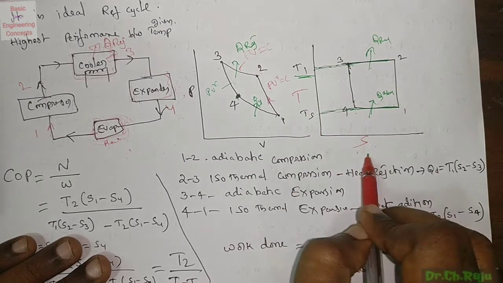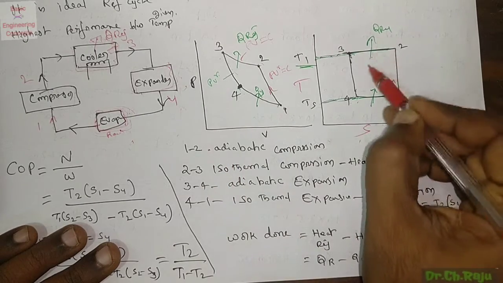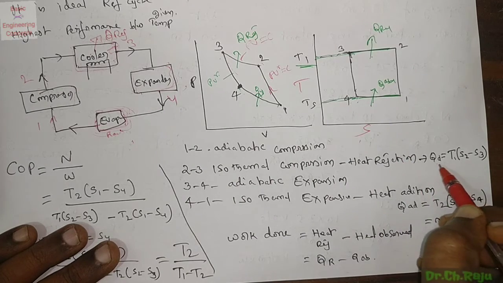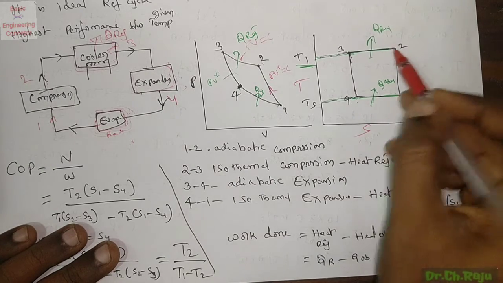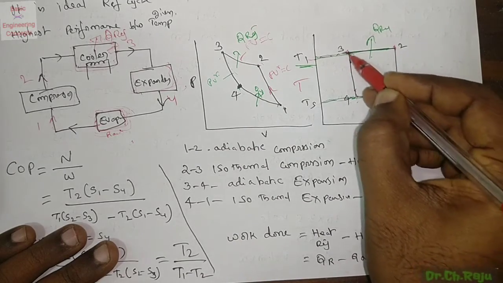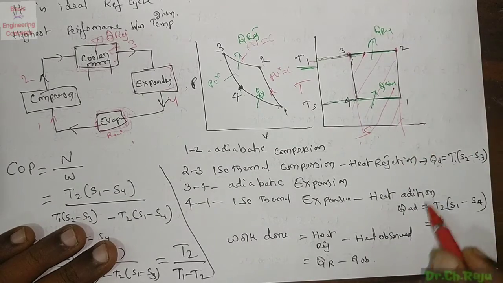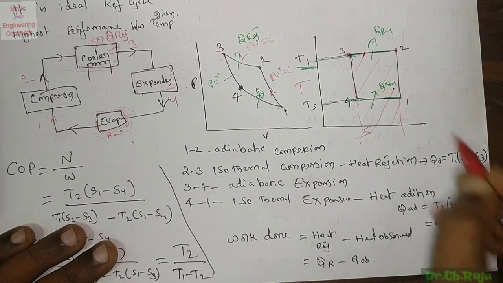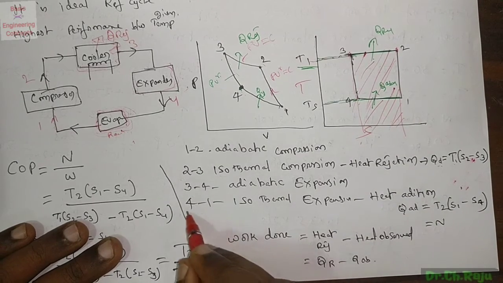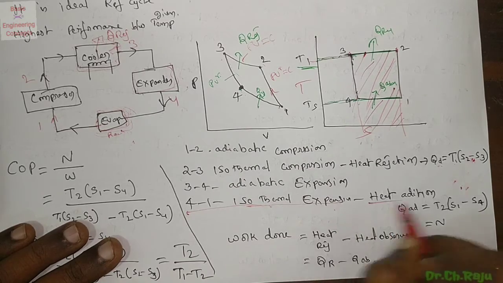So the heat rejected during the isothermal compression is T1 into S2 minus S3. This is the heat rejected.